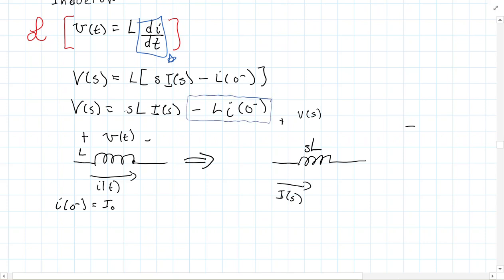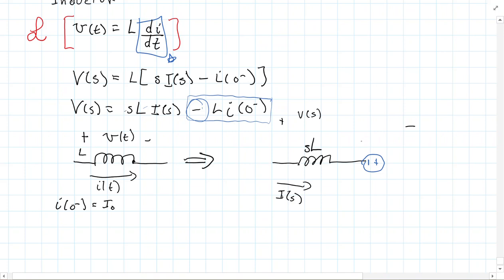Now I have to think about what kind of term this is. First off, I know the units, because volts is on the left-hand side, so every term on the right-hand side has to have units of volts. I've got minus L times i(0-), so that's some kind of voltage. So we actually have a voltage source, and you have to be a little careful: it's minus plus, because of the subtraction.